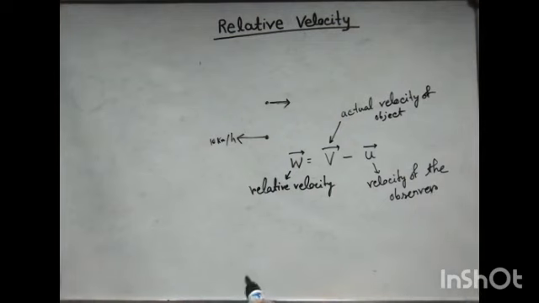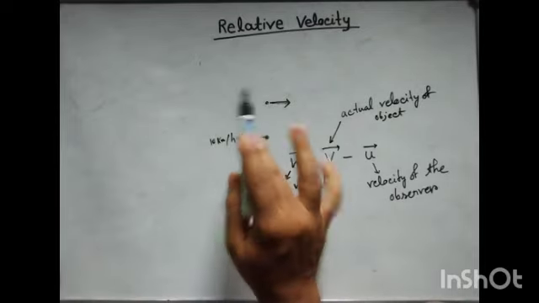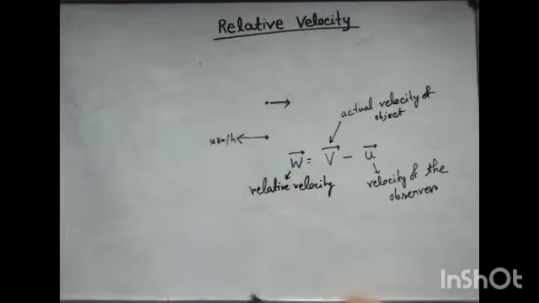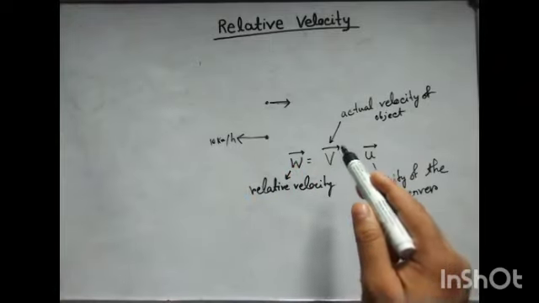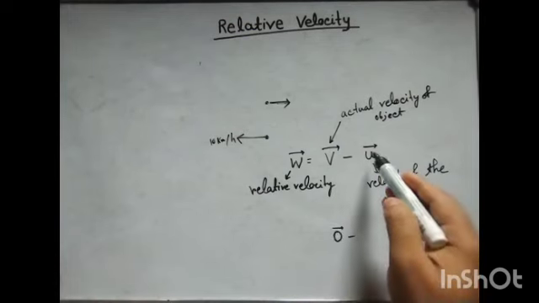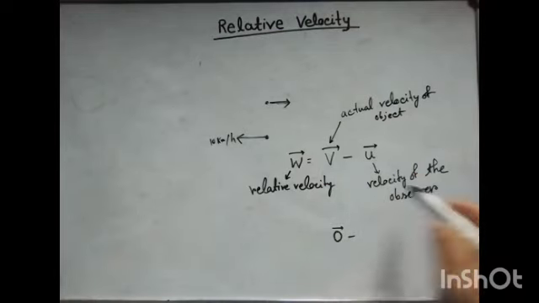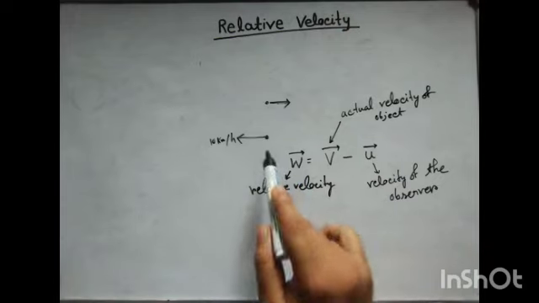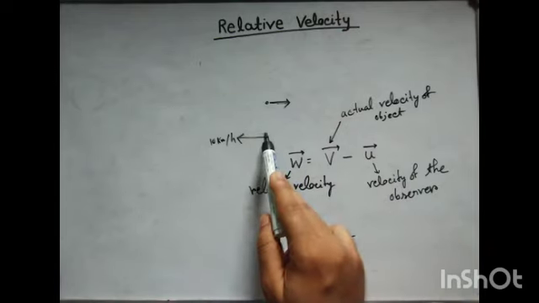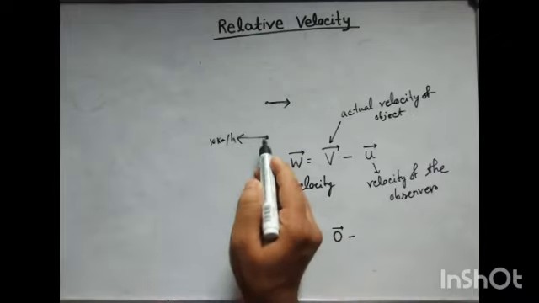Okay, now let's see. We know that the tree is not actually moving, it is standing still. The tree cannot move, so the actual velocity of the tree will be 0 vector. Now the velocity of the observer who is observing the tree: he is sitting on a moving train, so the velocity of the observer is 10 kilometer per hour, and that is west.